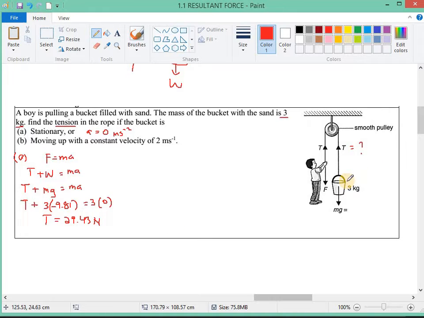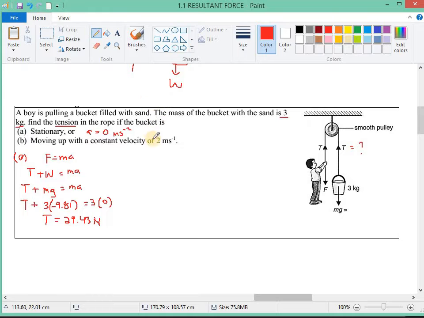So this is the tension. This tension is equal to the weight. If you take the mass times 9.81, you will get 29.43. So tension equal to the weight, then the resultant force is 0, then the bucket is stationary.